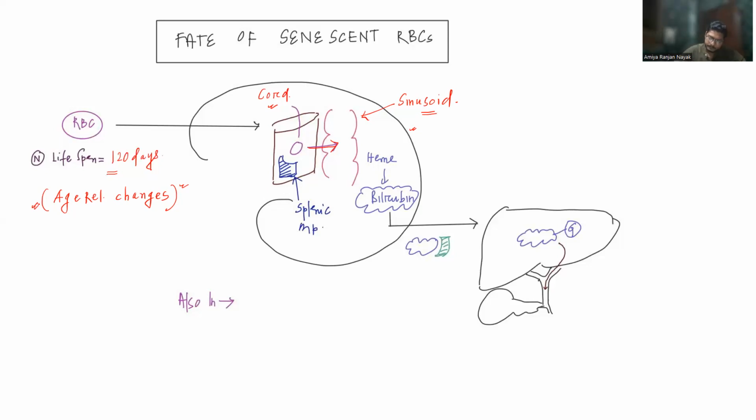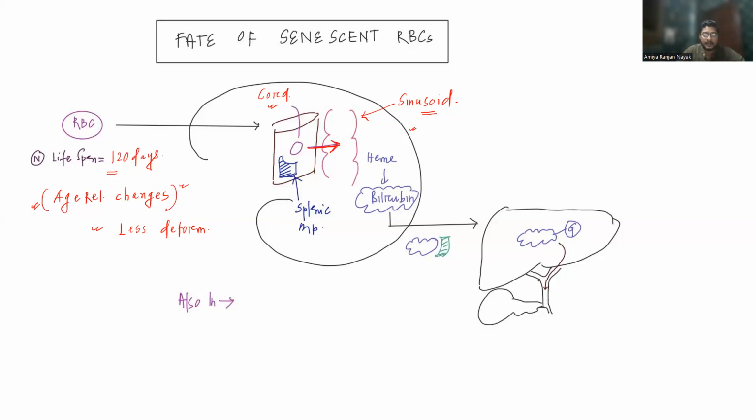So these age-related changes will make RBCs less deformable. As they are less deformable, they cannot go from the splenic cords to the sinusoids. They cannot negotiate from the splenic cords of Billroth to the sinusoids, and they will get stuck there.